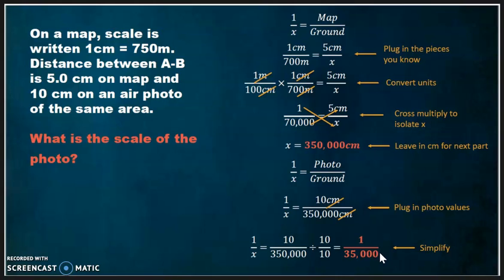Then we are going to simplify and break that down, and create that numerator as 1. To do that, you cross divide here: 10 divided by 10 is 1, you get your numerator, and 350,000 divided by 10 is 35,000. So that scale on the air photo is now 1 to 35,000 units.